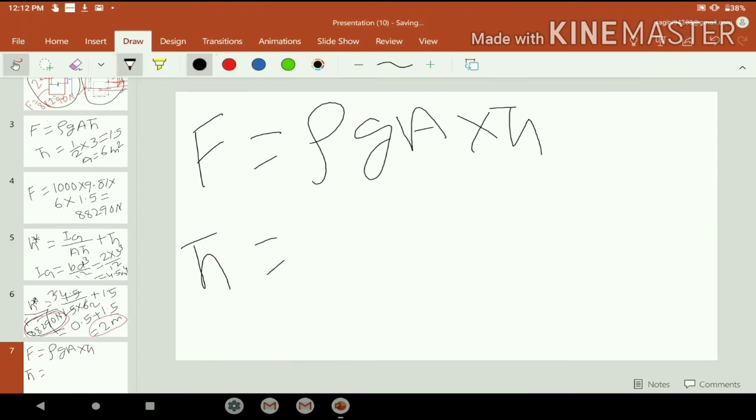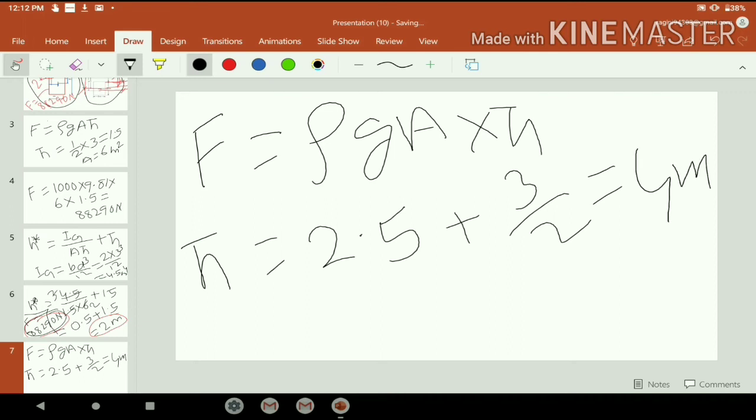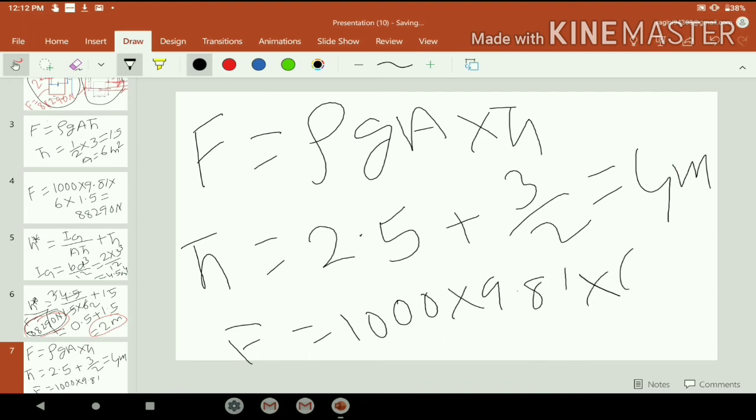Now it's easy for us to find out this h bar, which is 2.5 plus 3 divided by 2. It's 2.5 and 1.5, which is 4. Total is 4 meter. Area we have to find out the force: 1000 into 9.81 into 6 into 4.